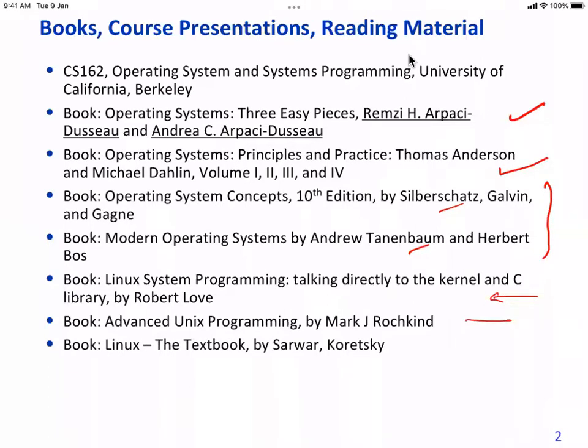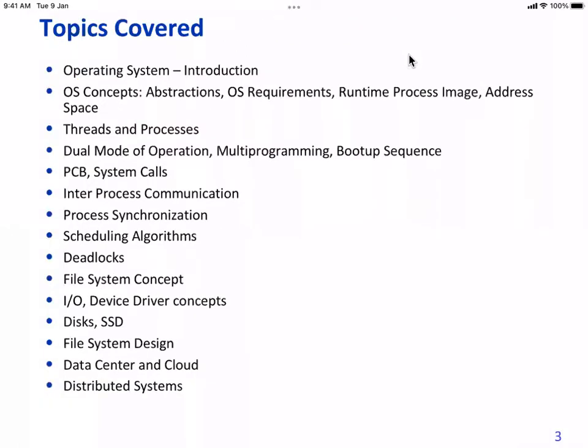So these were the main books, and the basic flow of the course came from CS162, that's University of California, Berkeley. That was the base that I have taken, and then used various books and resources to build up the course.